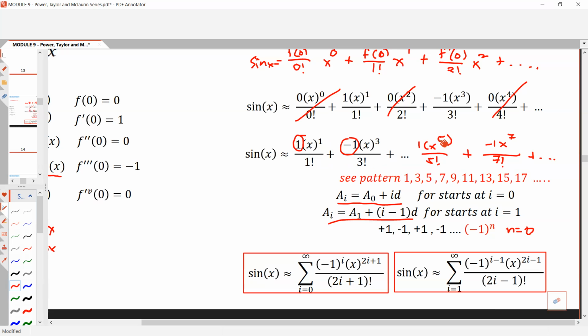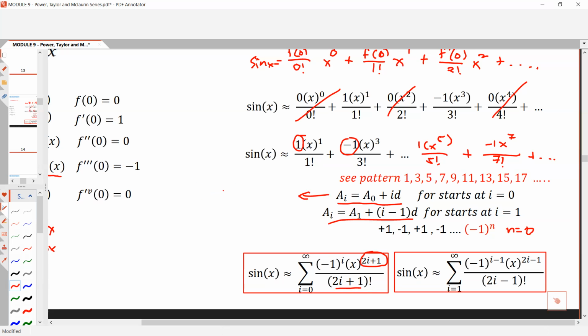We recalled that the formula is 2i plus 1 when starting at i equals 0.